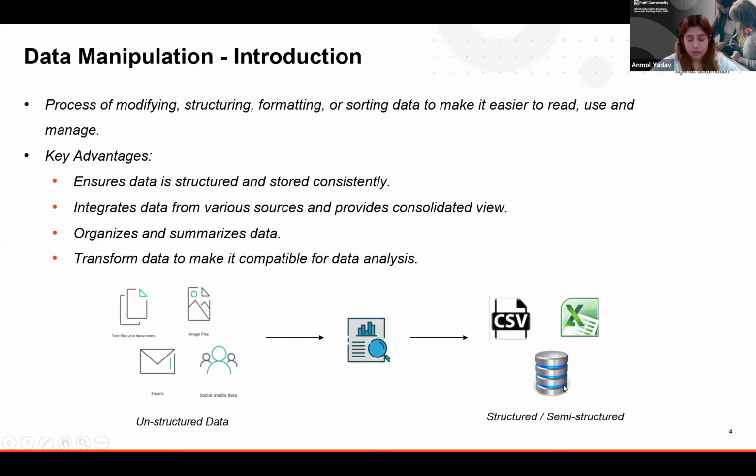You can do joins on it, filtering, sorting. And then you can transform your data to make it compatible for data analysis. For example, you want to do some sort of analysis, summing it up, or analyzing the top records or the count of the records, all of which you can do once you've transformed your data into a structured format.